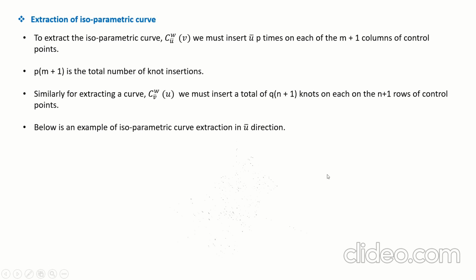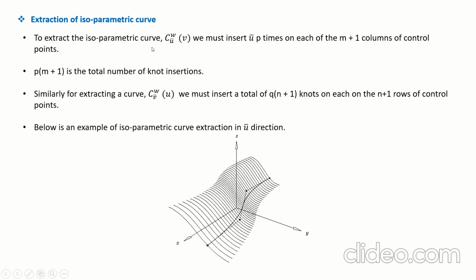Extraction of isoparametric curve. Now to extract a curve C(w, u dash), we must do u direction insertions p times on each of the m+1 columns of control points. So the total number of knot insertions will be p into m+1.